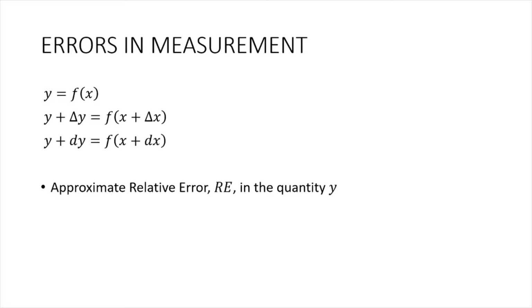We are also interested in the approximate relative error in the quantity of y, or any other quantity. It can be of x or any other quantity involved in the problem. So it can be the relative error in the radius or the computed volume, and so on. If we are talking about y, then the relative error is dy over y.